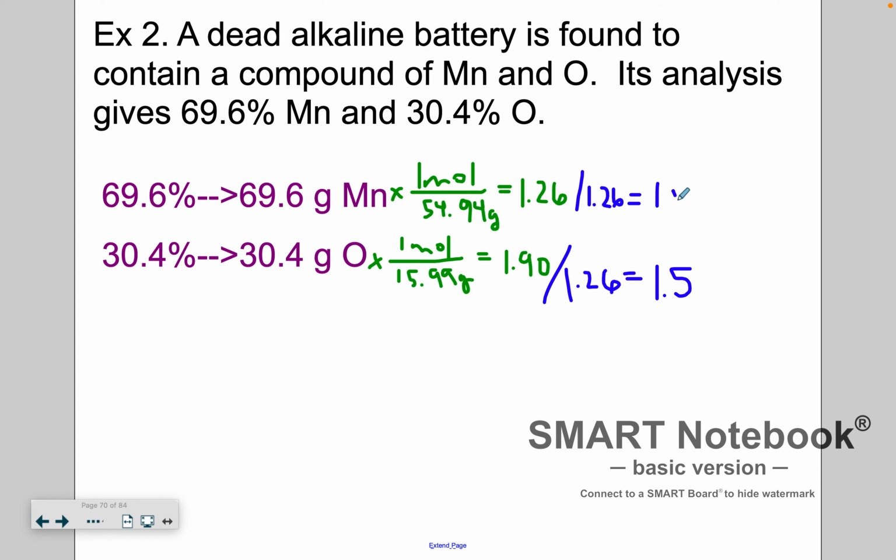I'm going to multiply everything, okay, by 2. So I can get a whole number, because you can't have a decimal. So now this is 3, and this is 2. So when I write out my EF, Mn2O3, and there's your answer.